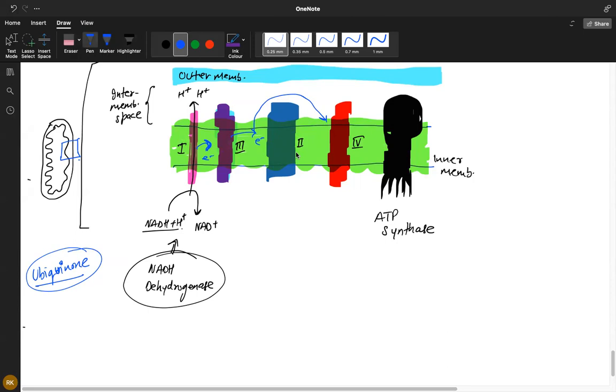So what does complex 2 do? Complex 2 has FADH2. FADH2 comes in complex 2.